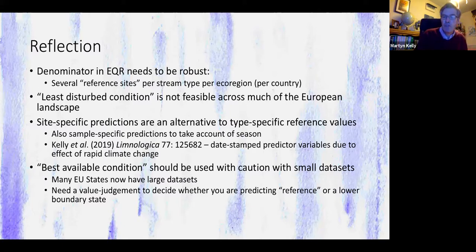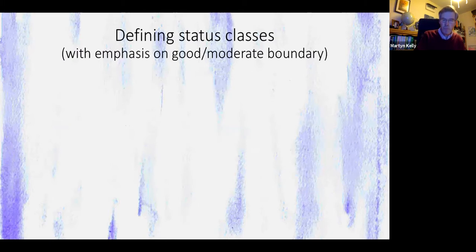So in the UK situation, we were fairly confident that the values we were predicting could be used as the denominator in the EQR calculation. But in the Romanian example, we felt that our quantile regression was leading us to the boundary between high status and good status rather than the true reference value.